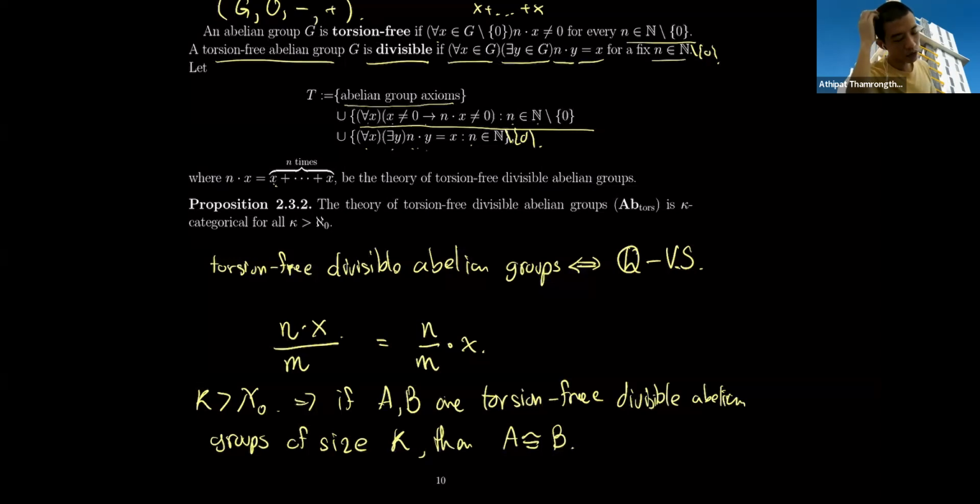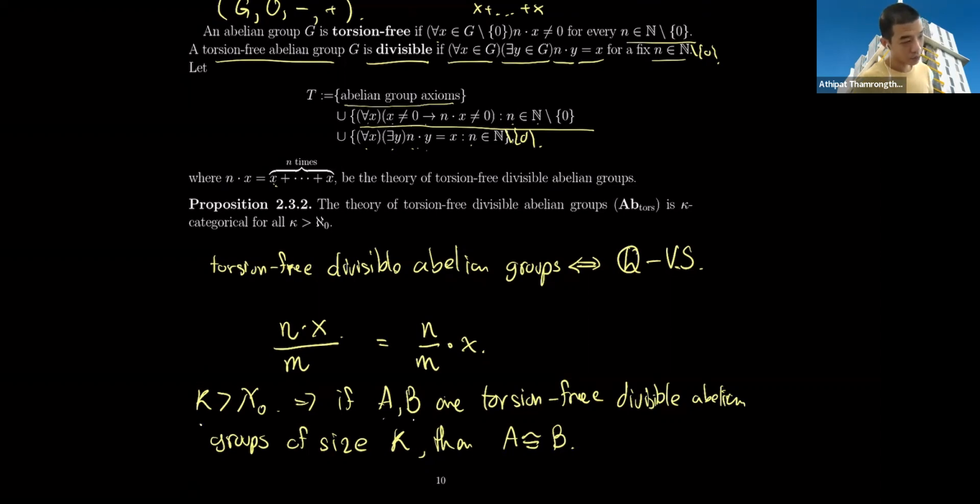And the idea on how you can show this is you can consider the basis. If A and B are of size kappa, and you know that it is a Q vector space, if A and B are both uncountable, then the basis of A and B must be of size kappa.